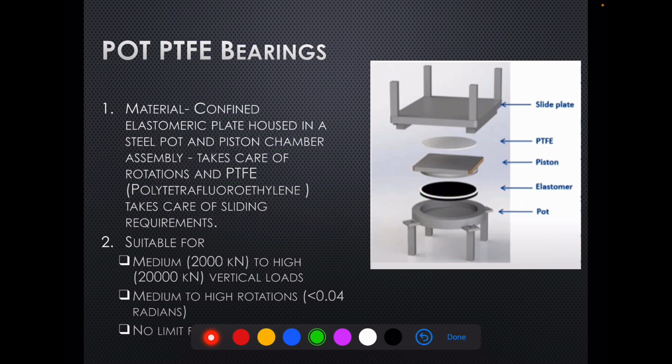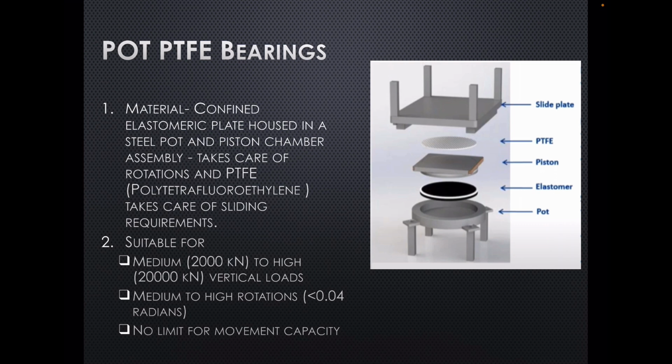So in what cases of open web girders are these bearings suitable? These bearings are suitable where vertical loads are within a range of 2000 kilonewton to 20,000 kilonewton. The girders are subjected to medium to high rotations, that is less than 0.04 radians.